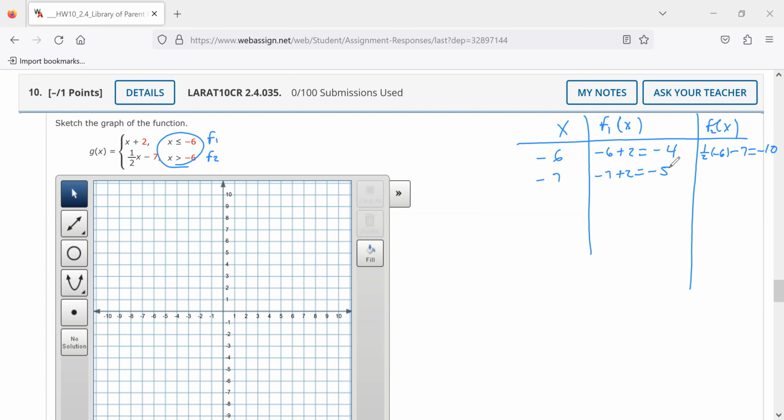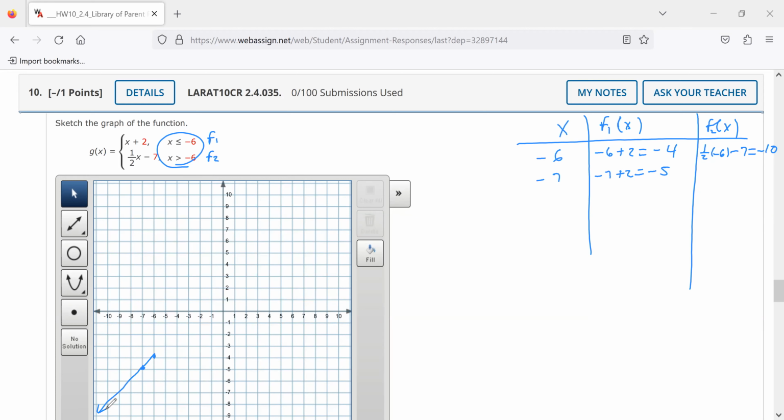-6 with -4 is right here. Right there. -7, -5 here. And just does this, right?